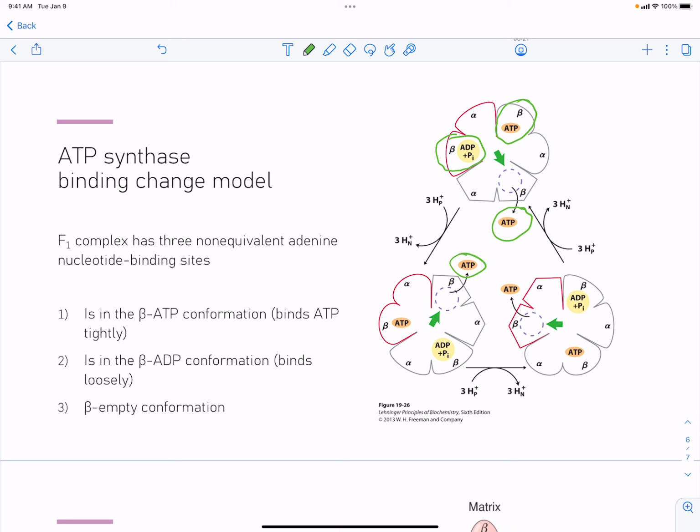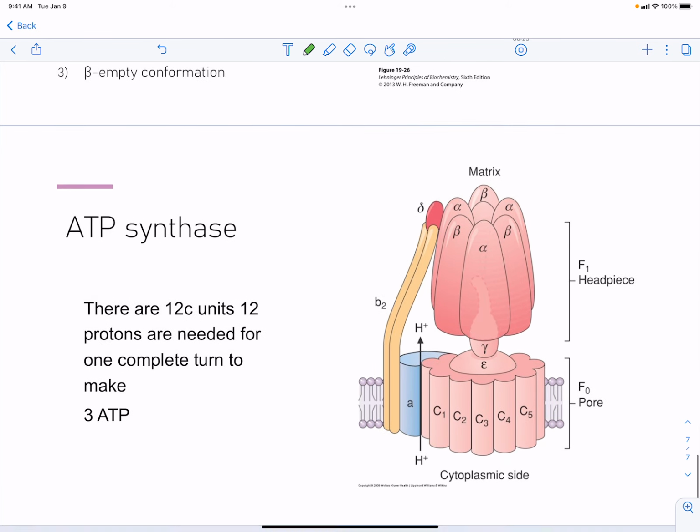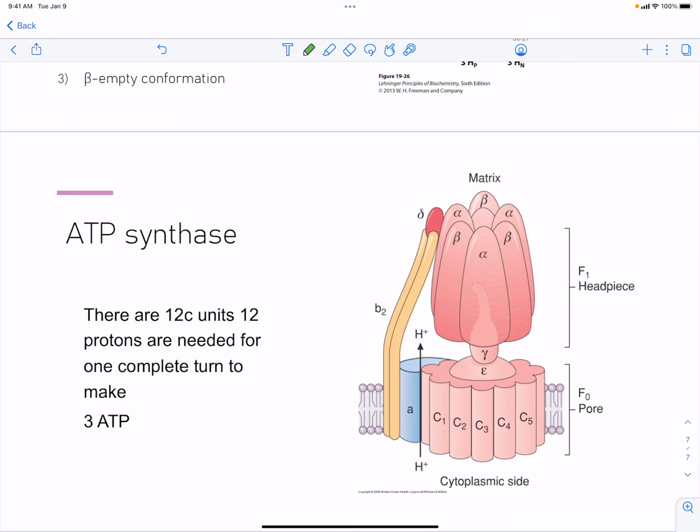And so this just cycles through these three different conformations. Now overall for ATP synthase, there are 12 C subunits, so 12 protons are going to be needed to fill up those C subunits, and this is going to generate one turn to make 3 ATP. So you need 4 protons for each of the ATP that are going to be made.